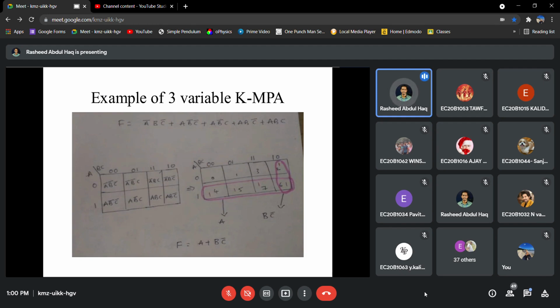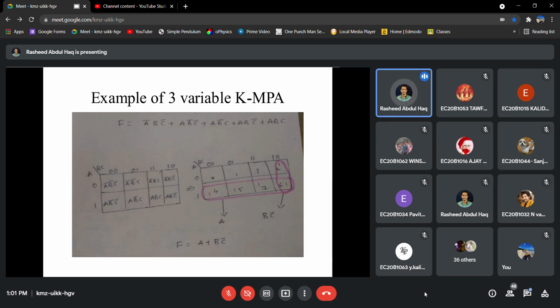So it is not constant. For those 4 ones, the value is not dependent on B and C. The value is dependent only on A, and that value of A is 1. So we will get output when A equals 1.